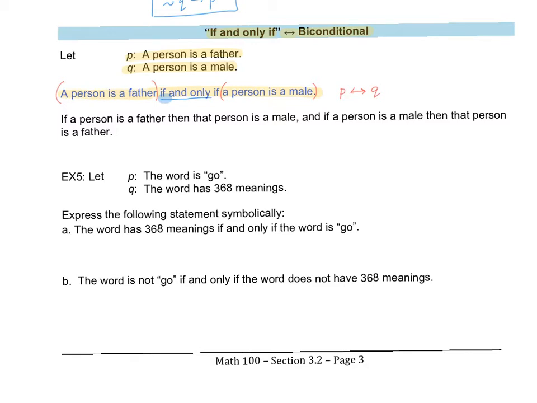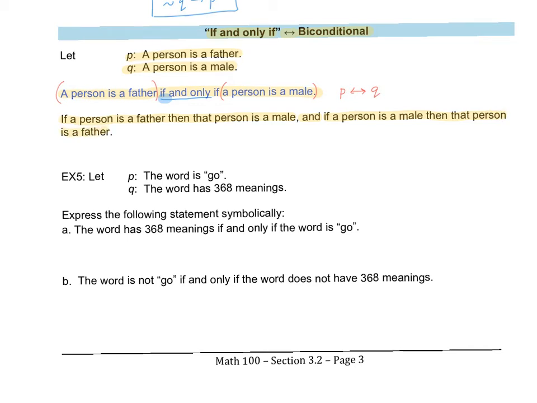I can write this in a longer form using the two conditional statements. Another way I could say that statement is to replace my if and only if with two conditionals. If a person is a father, then that person is a male, and if a person is a male, then that person is a father.